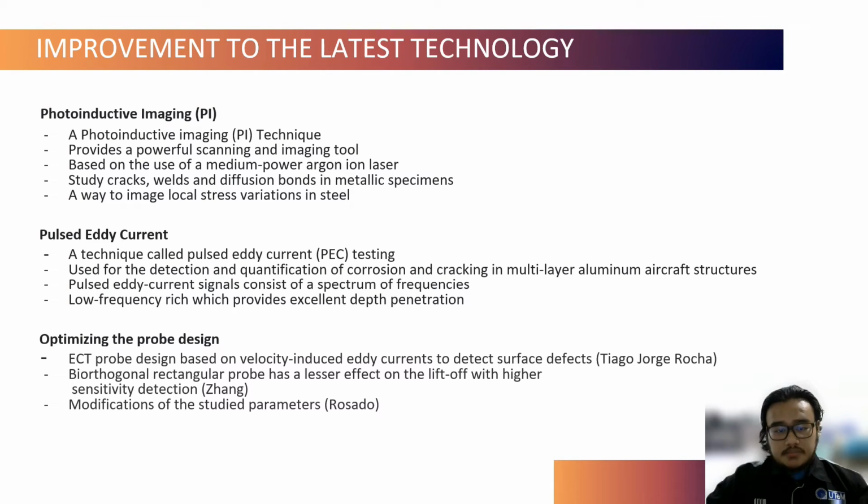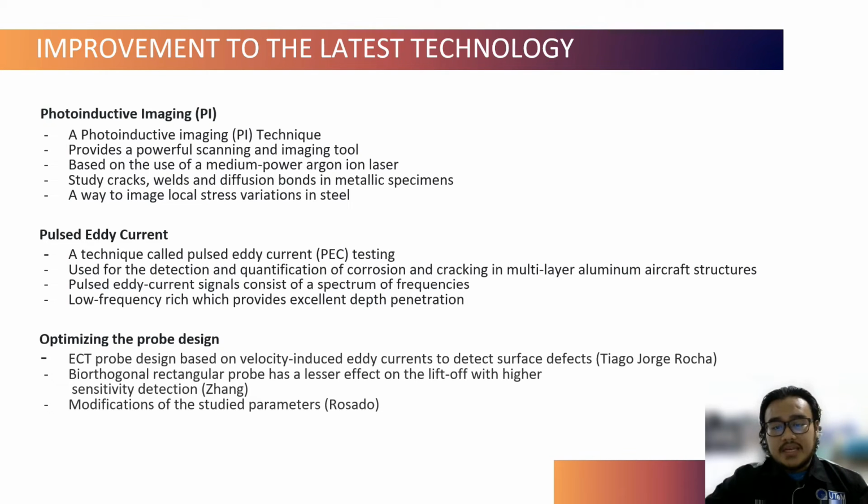Photoinductive imaging (PI) is a technique that was pioneered at CNDE and provides a powerful high-resolution scanning and imaging tool. Microscopic resolution is available using a standard size eddy current sensor.